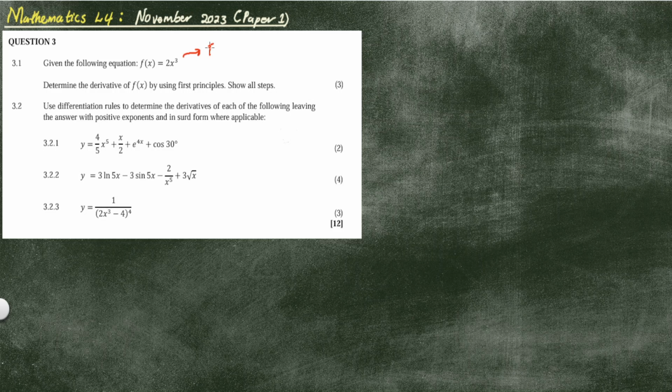You should get f prime of x equal to, we're going to apply the power rule. We take the 3 and multiply it by 2, which gives us 6x, and then 3 minus 1, that's 2. So I'm doing this first so that when we apply the first principle, we know what answer we should be getting.